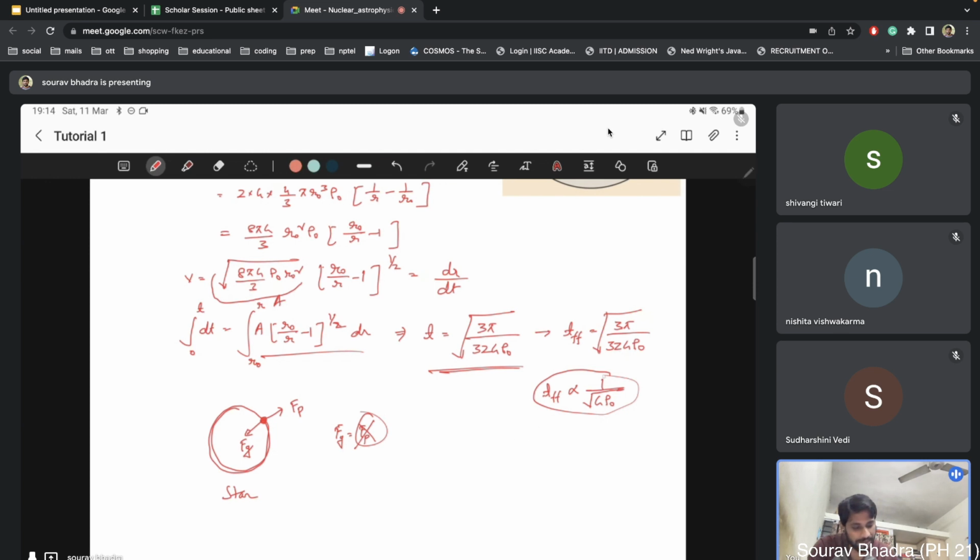So the free fall time scale will be the same, t_ff equals the square root of 3 pi by 32 G rho, and if you put the values, M is 2 into 10 to the power 30 kg for the sun and R is 7 into 10 to the power 8 meter, you can see that for the sun, that free fall time is only 30 minutes.